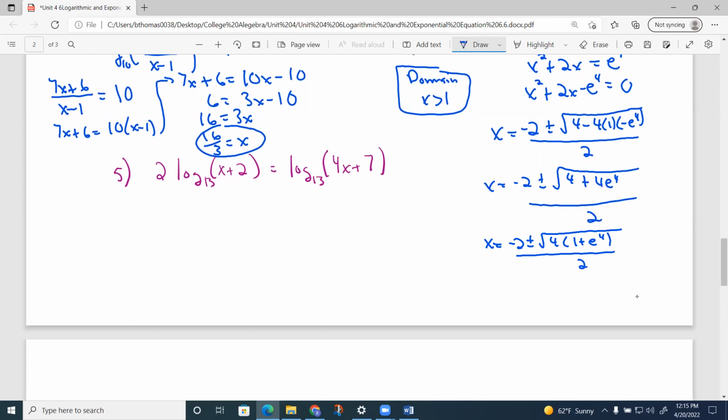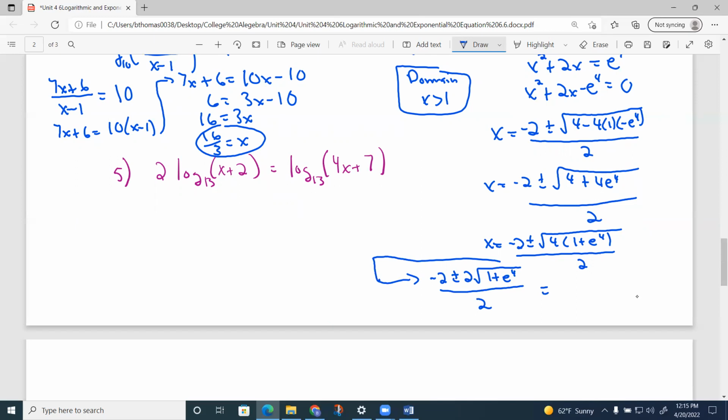Let me sneak it out this way a little bit. Circle back around here. So what I can do now is take the square root of the 4 and it comes out as a 2. So negative 2 plus or minus 2 square root of 1 plus e to the 4th. Don't have any magic there, just have to leave it like that.